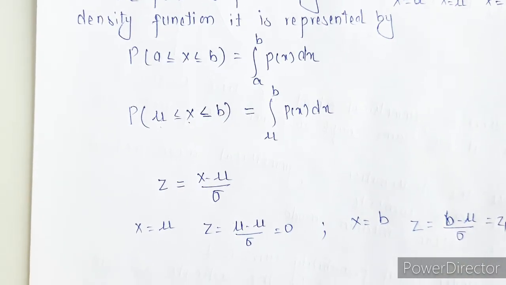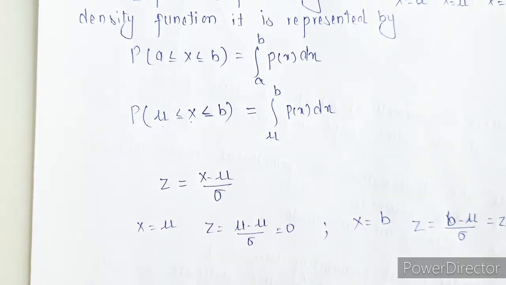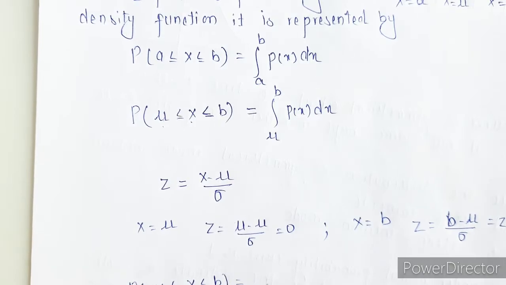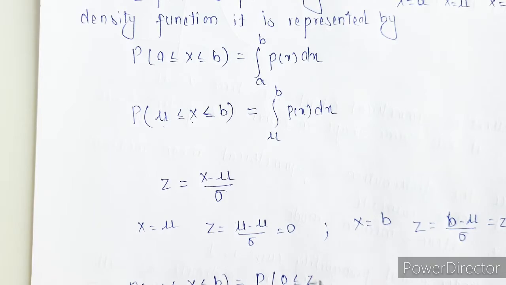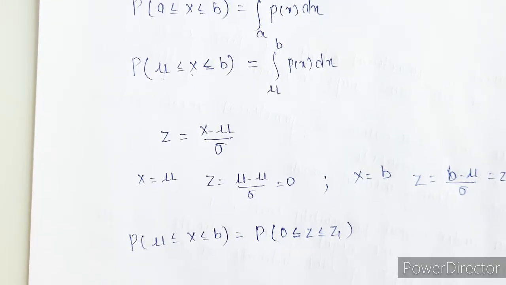So we can write the area from mu to b as z varying from 0 to z1.